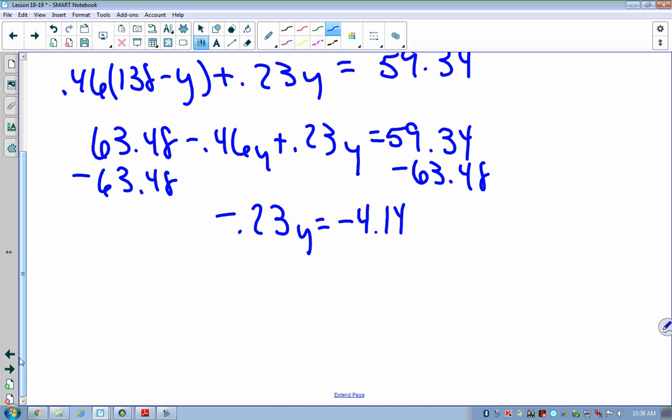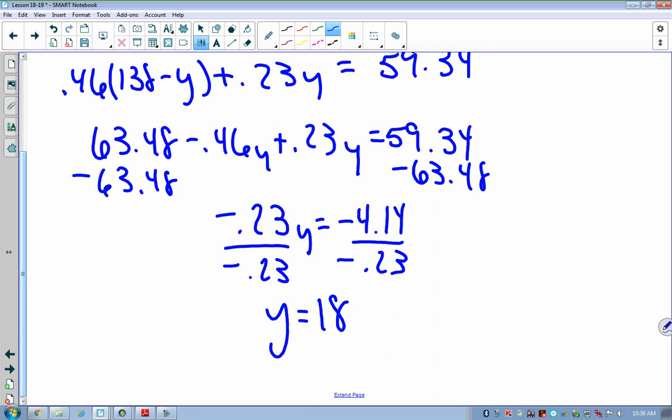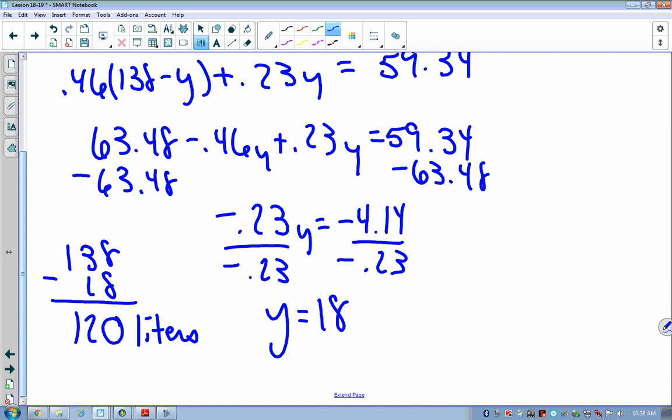Divide by negative 0.23. So for y, we should get 18. So all I have to do is take 138 minus 18, and that's going to give me 120 liters of the 46% solution.